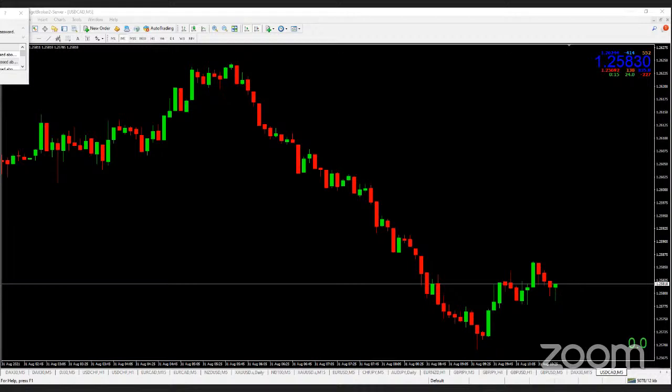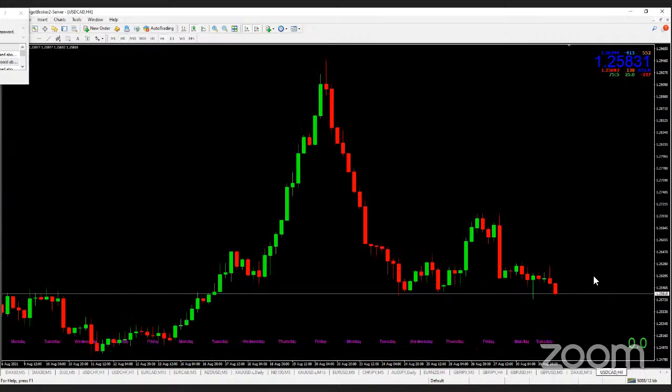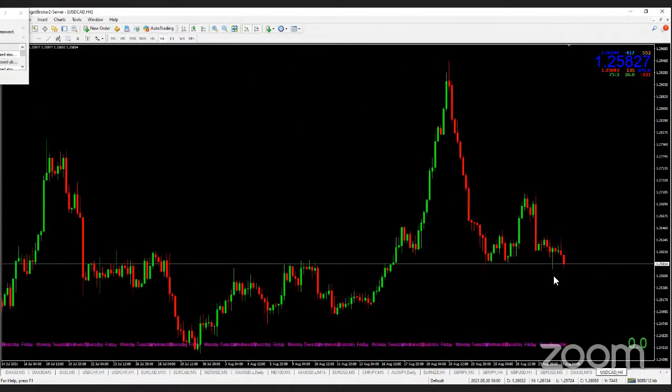From what we saw a while ago, USD CAD is at support. So really, we'll be waiting for it to break below here or move up.